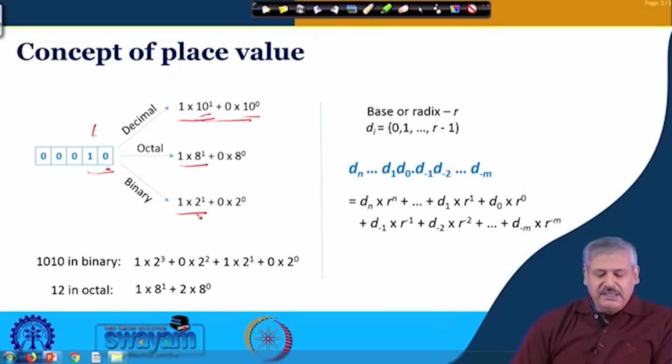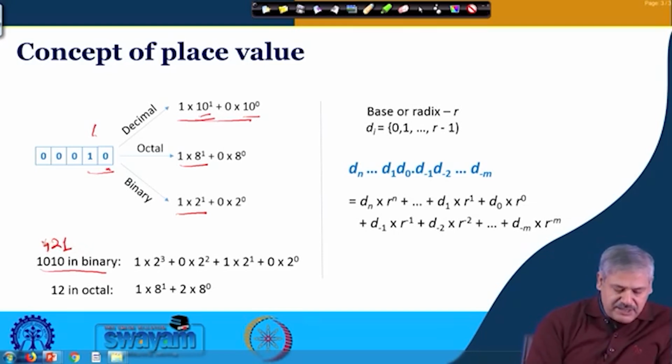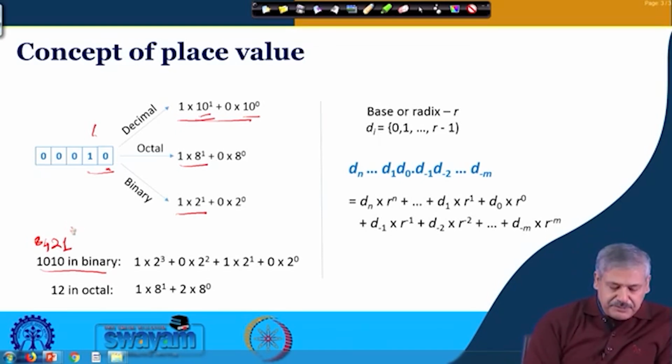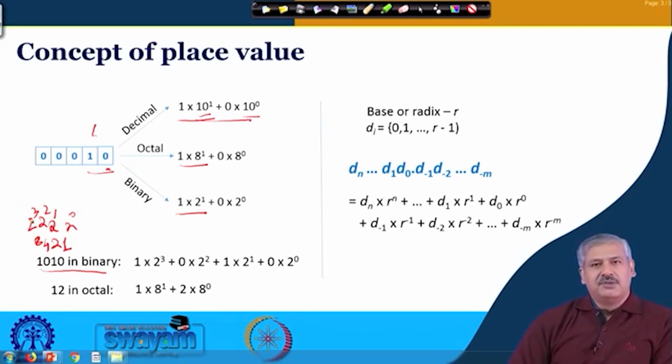And by this we see, if we go on adding the place value over here, 1 0 1 0, this is units place, this is 2's place, this is 4's place, and this is 8's place. So, this actually goes like 2 to the power 0, 2 to the power 1, 2 to the power 2, and 2 to the power 3. So, 1 0 1 0 is 1 into 2 to the power 3, plus 0 into 2 to the power 2, 1 into 2 to the power 1, and 0 into 2 to the power 0.